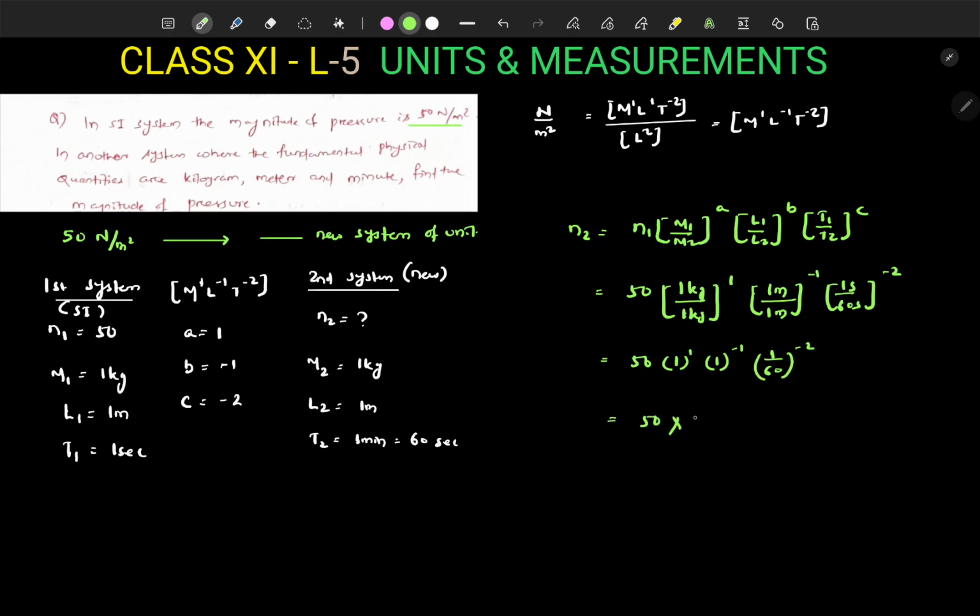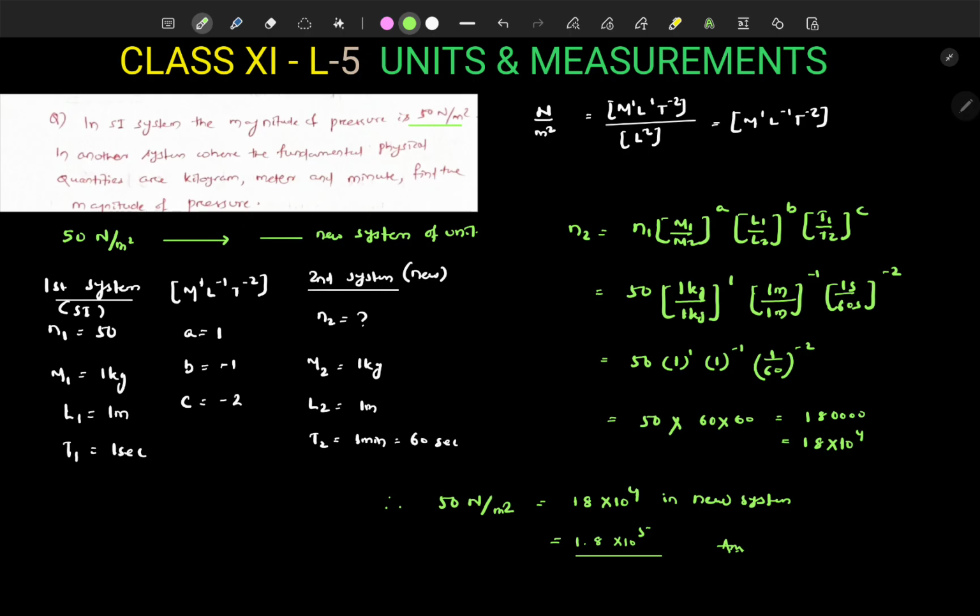So 50 into 1 by 60 to the power minus 2 is 60 square, which is 60 into 60. So we get 18 into 10 to the power 4. Thus 50 Newton per meter square is equal to 18 into 10 to the power 4 in the new system, or we can write 1.8 into 10 to the power 5 in the new system. This is our answer.